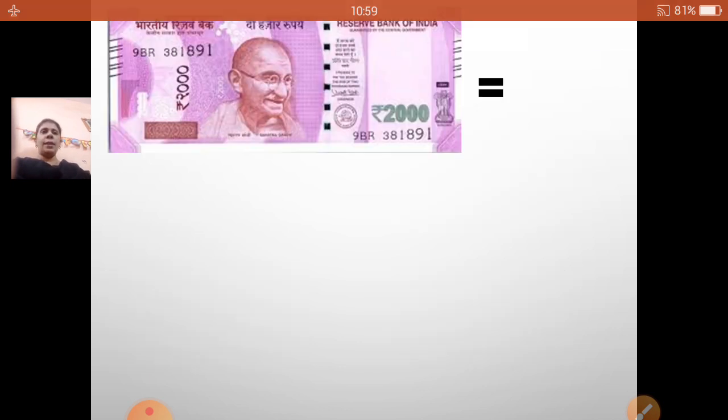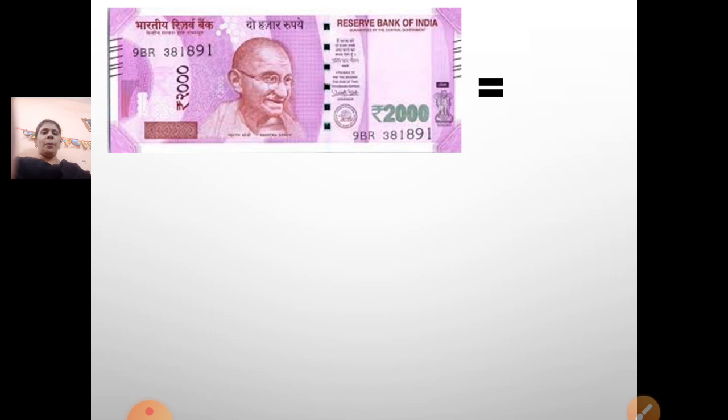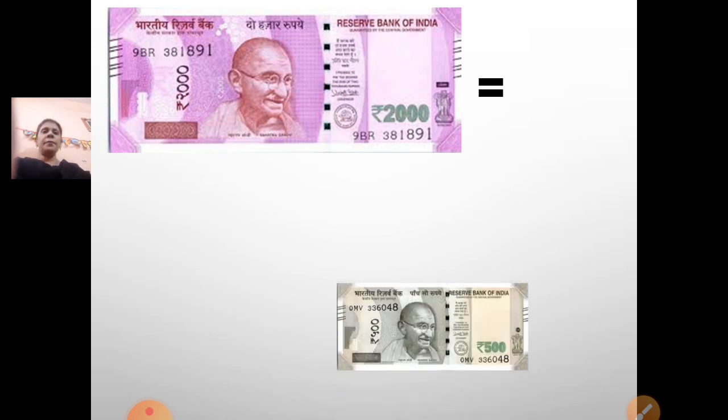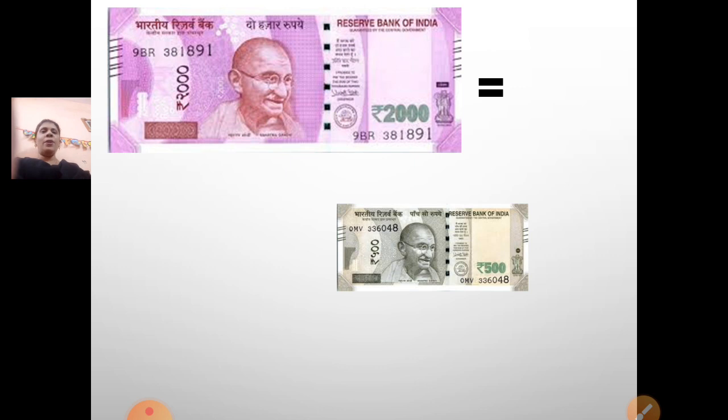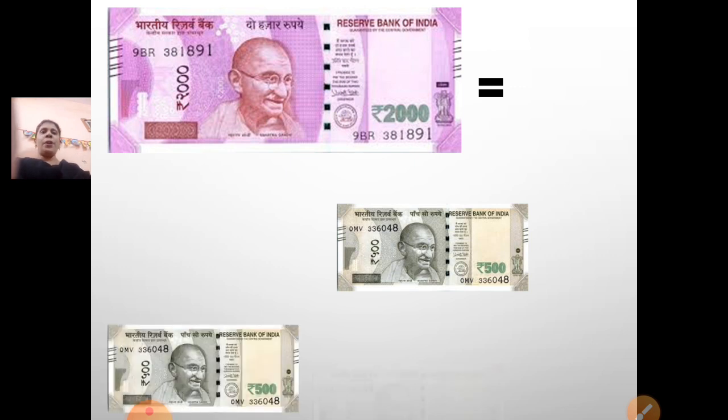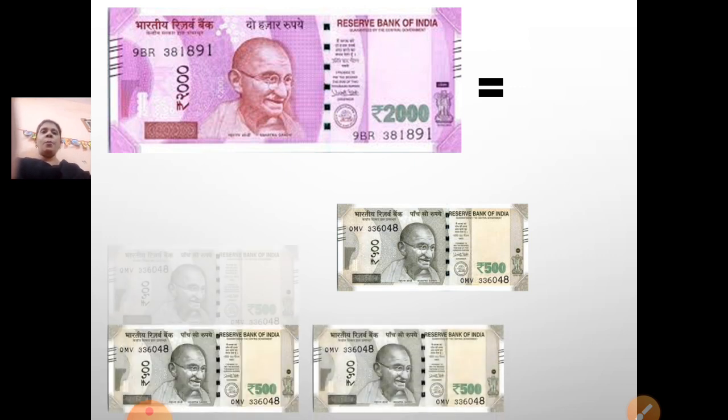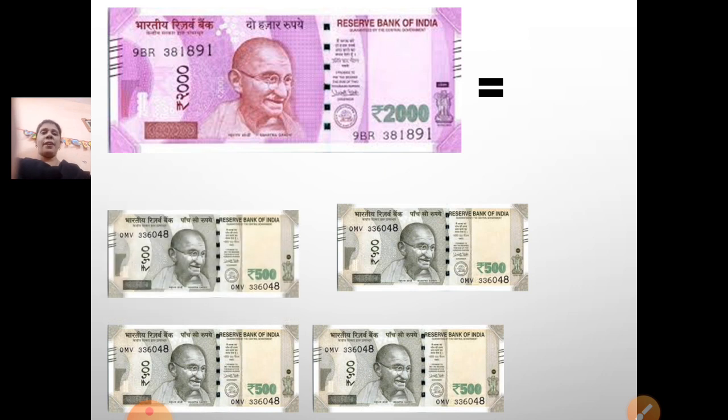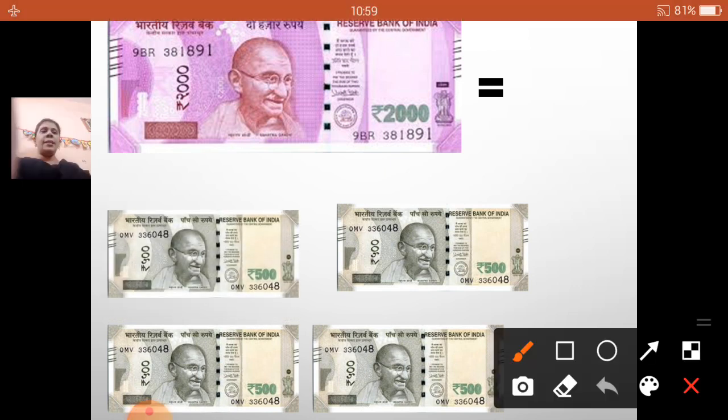Okay. Now next. Now 2000 rupee note. For this what change you are going to give children? One 500 rupee note, one 500 rupee note, one 500 rupee note and one more 500 rupee note. Now let us count and see children. 5 plus 5 will be 10. That is 500 plus 500 will be 1000. 1000 plus 500 will be 1500.